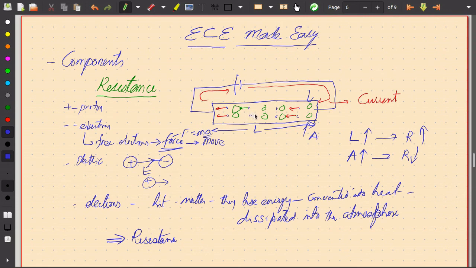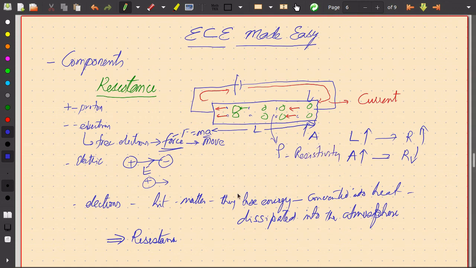Your resistance is different. If this is full of only four wheelers, then the traffic is different, the resistance is different. Or if this is made up of huge trucks and buses, then the traffic is different, the resistance will be different. So that way, depending on the property of this material, the whole thing matters. So this property of the material we can define as resistivity.